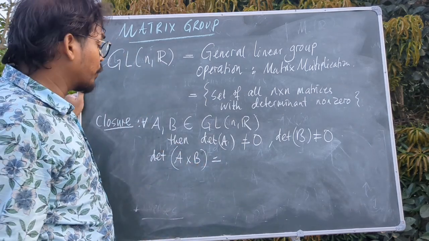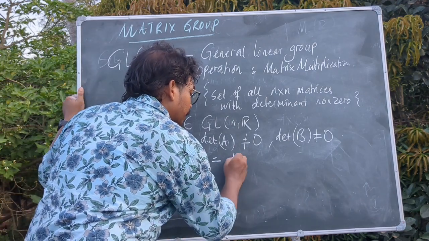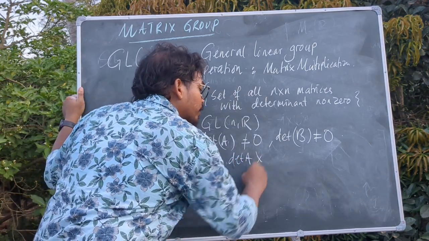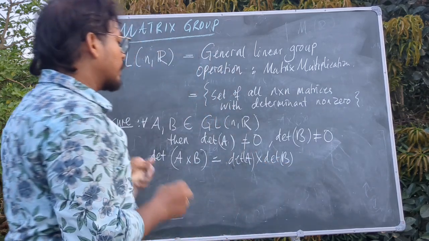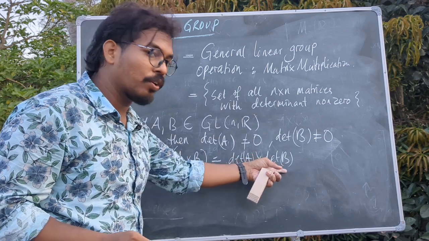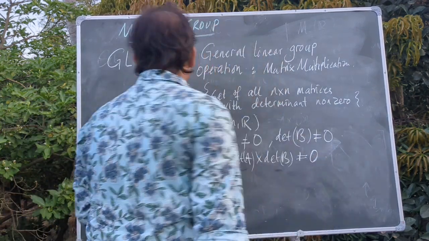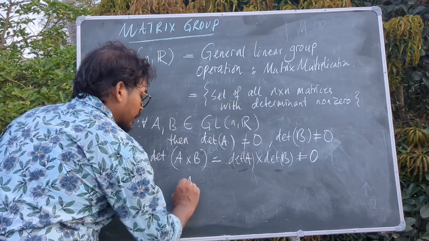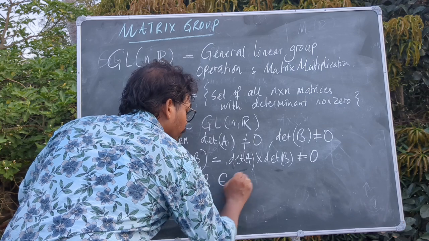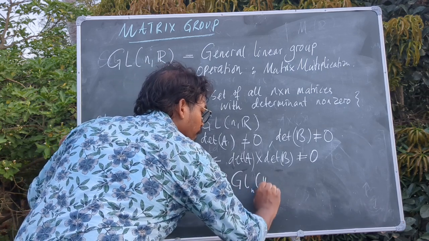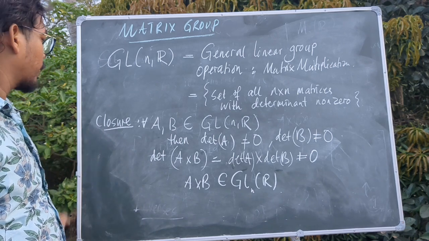By the property of determinants, the determinant of a product is the same as the product of the individual determinants, and since this is non-zero and this is non-zero, their product is also non-zero, and hence A times B also belongs to the set, because they are non-singular matrices.